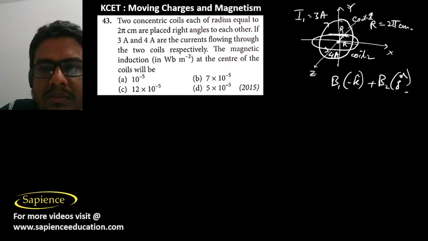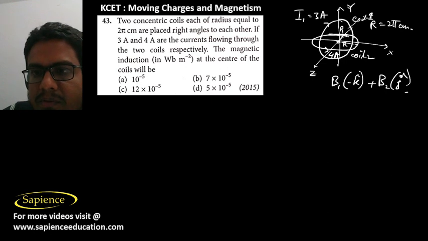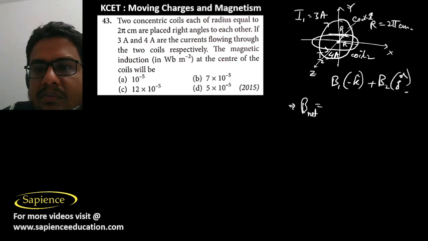The magnetic induction at the center, the resultant, will be at some angle with the z-axis and the y-axis. So the net magnetic field is in the yz plane. The net magnetic field at the center is B1 minus k cap plus B2 j cap. Now I2 is 4 ampere for coil 2 and I1 is 3 ampere for coil 1.